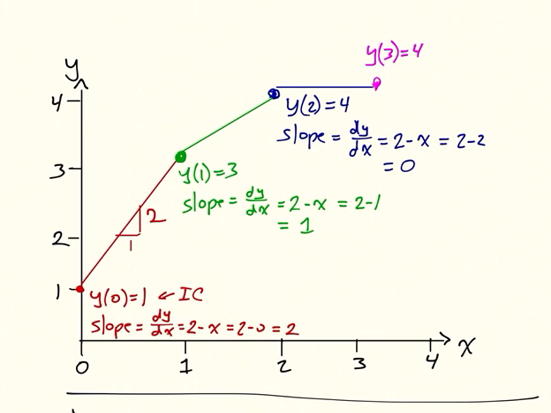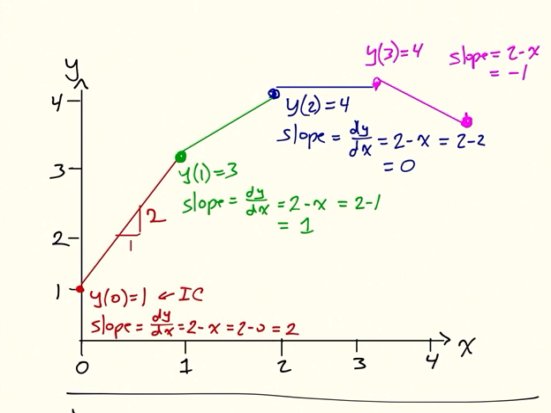And my slope here is equal to 2 minus x, which is equal to minus 1. And if I use that, I can extend my solution one more time, back down to my final point out here. And now I have my solution. My solution goes up and down. And I've found 4 new points on my solution using this method. And this is what we call Euler's method.